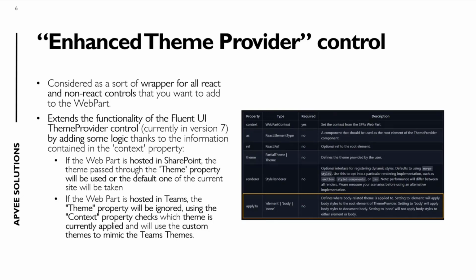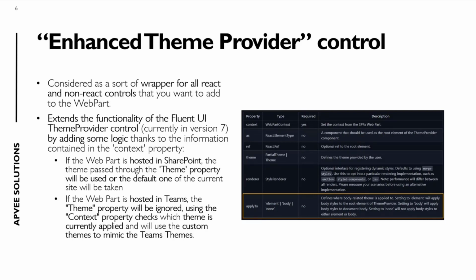By passing the web part context, I implemented some logic so that, for example, if the web part that uses this control is hosted inside SharePoint, we can use the theme property or the default theme of the current site to apply the color set, the theme.